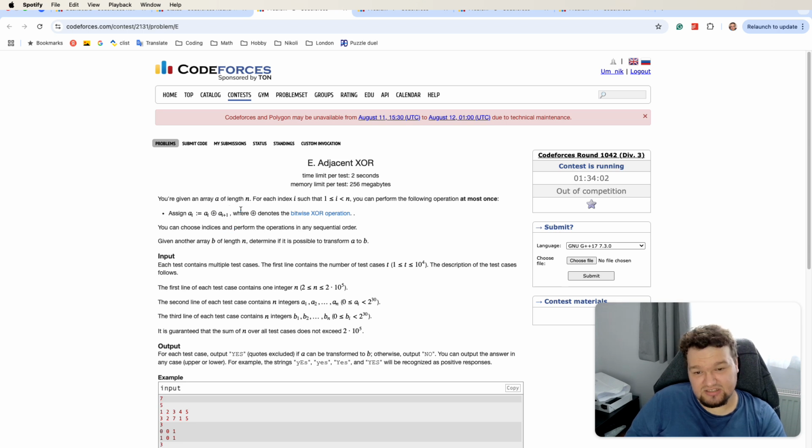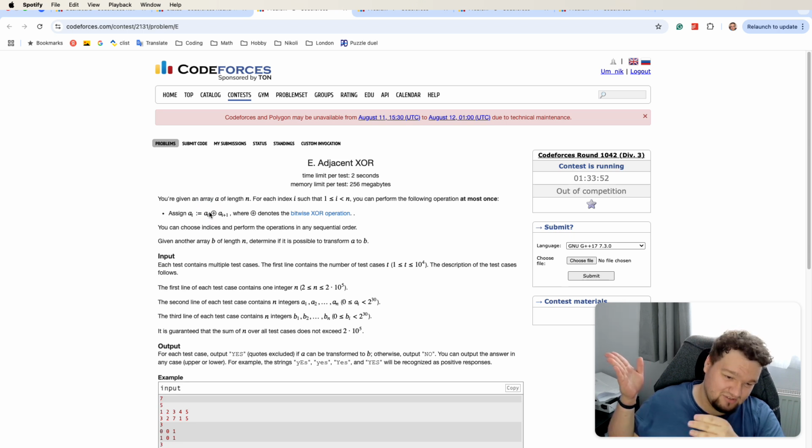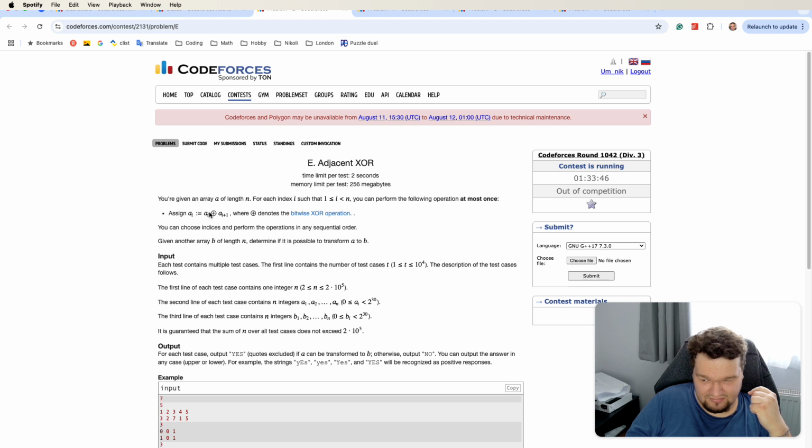XOR is a nice operation because if I know my initial value and what I wanted to become, I know what I should XOR with. And it is uniquely defined and it's just the XOR of the starting value and the result.